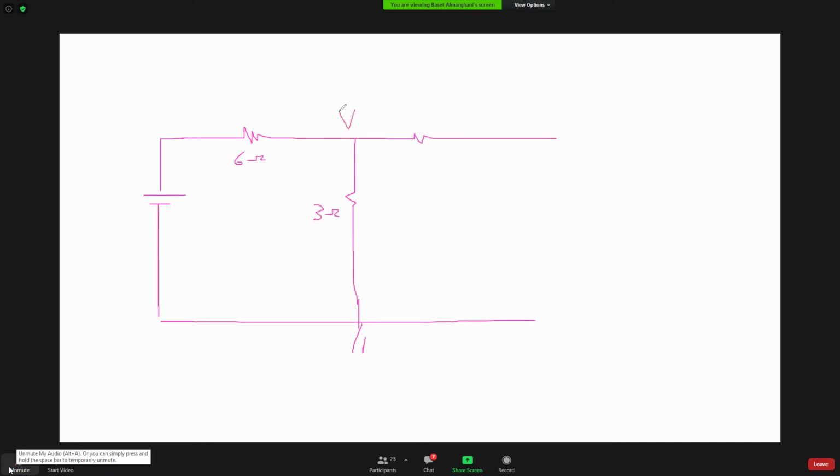If the voltage at this node is 12, the voltage here is 30. And someone says find V1 or R1 here. And they give you the polarity like this. What is the voltage VR1 here?